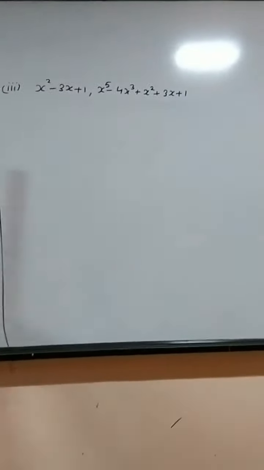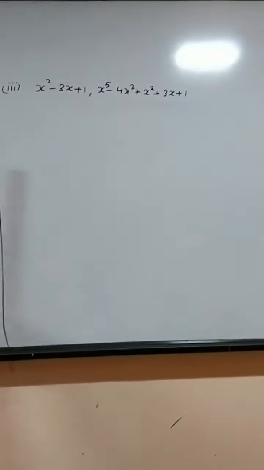So we will get minus 1/2. So see, b is equal to 1, a is equal to 2. It is given here. Therefore, alpha plus beta plus gamma is equal to minus b by a.